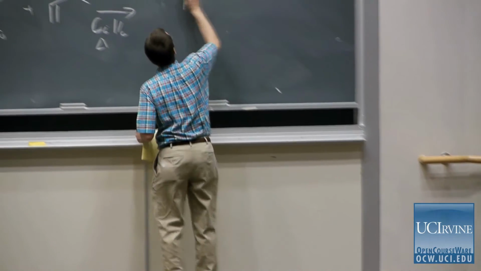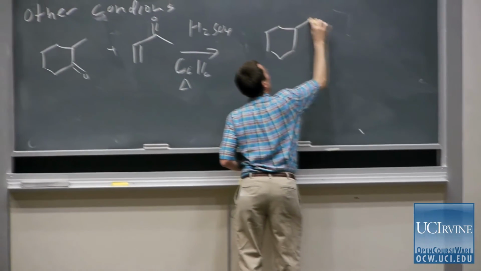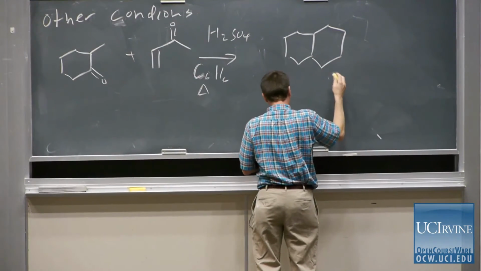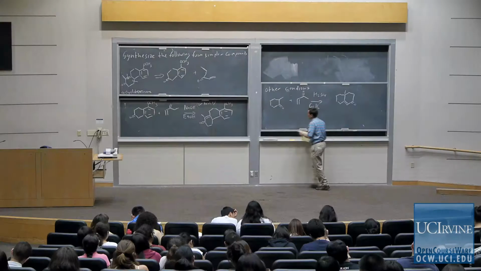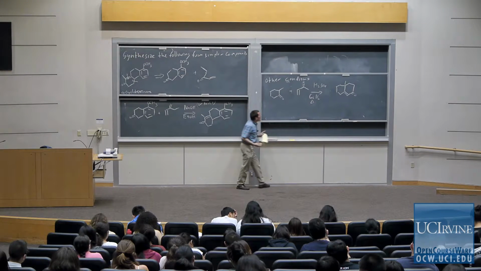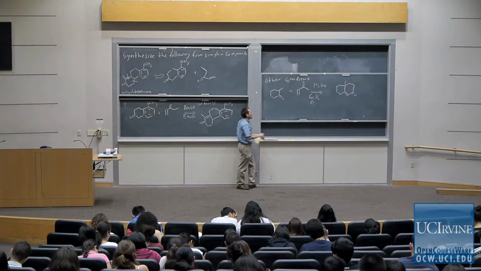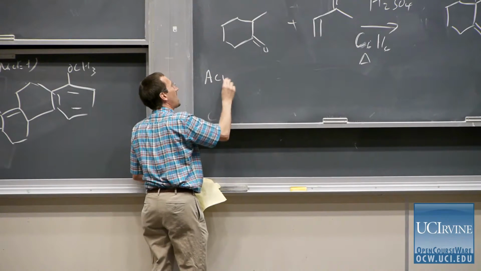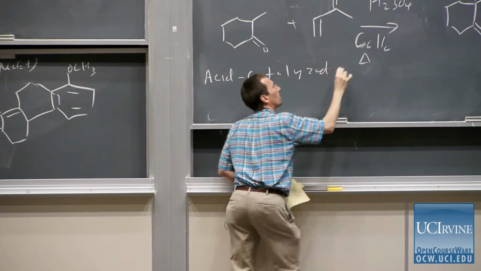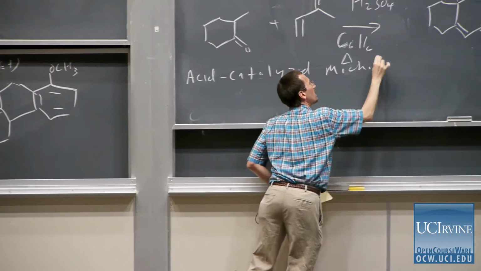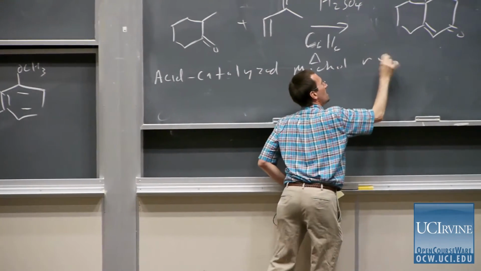Again, you wouldn't be expected to know that, but I want us to look at the mechanism because it ties into something that I talked about before. The point that I really wanted to make is that we're getting acid catalyzed chemistry here. So you're getting an acid catalyzed Michael reaction.